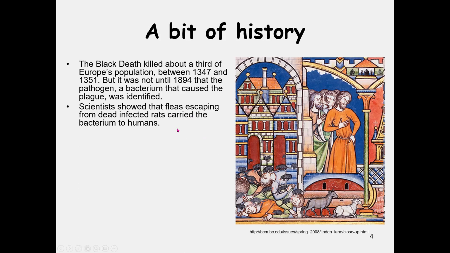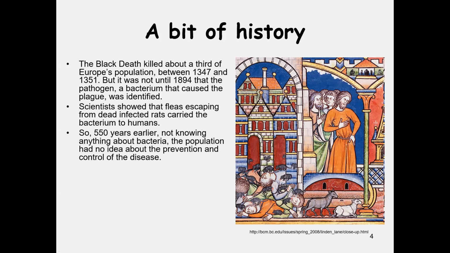Now, fleas normally live on the rats, but if the rats are in short supply in some areas, they will jump to humans, and some of them may have tried to suck blood out of an infected person or an infected rat, and then go to an uninfected human, and then they pass it on.